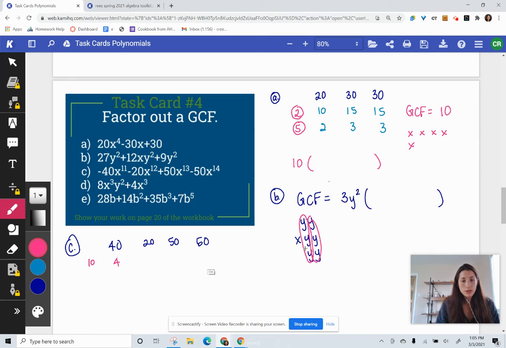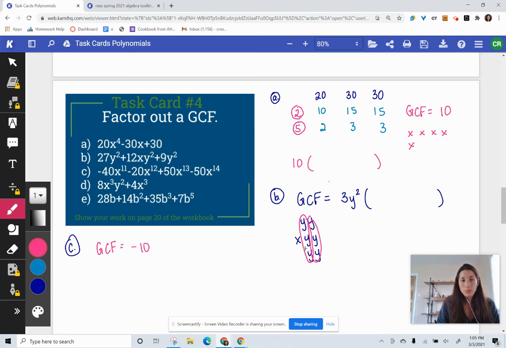And then just a reminder, with a greatest common factor, anytime your first term is negative, your greatest common factor is also going to be negative. So in terms of numbers, our greatest common factor is going to be a negative 10.